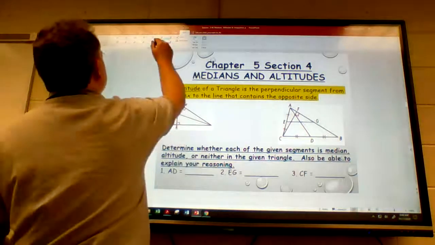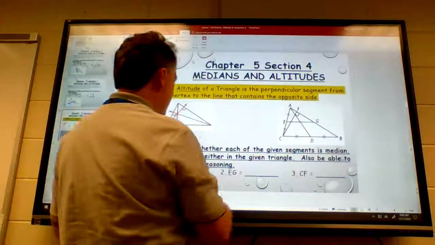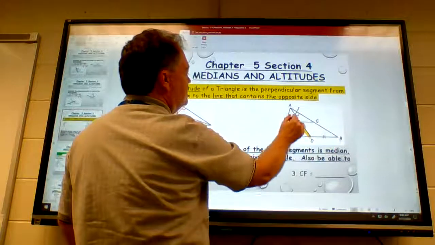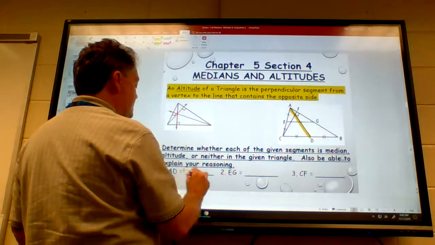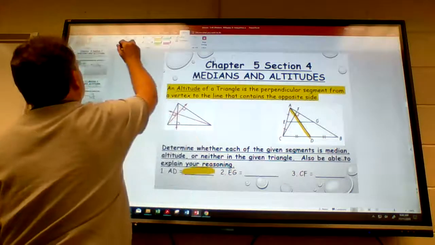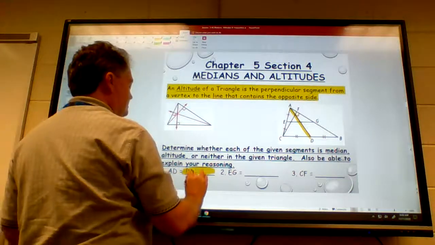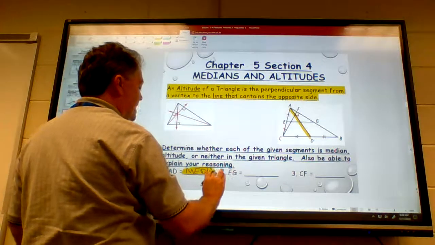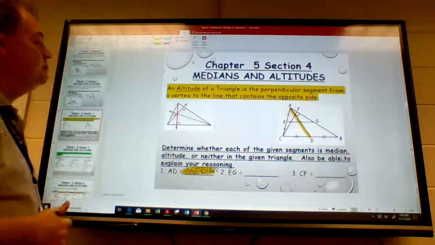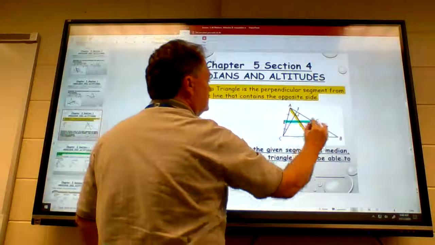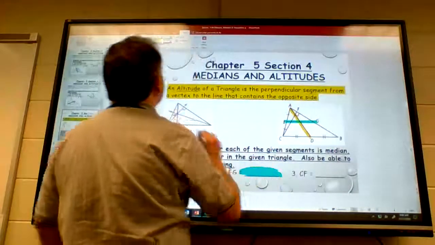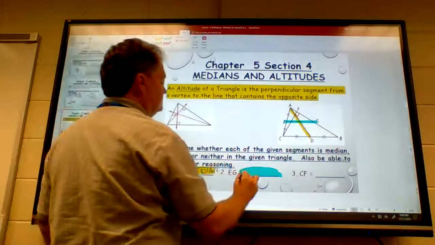All right, so let's look at the following. I got AD. AD right here connects from the vertex to the opposite side's midpoint. Therefore, it is a median. All right, EG. That's actually a midsegment, so it's neither.